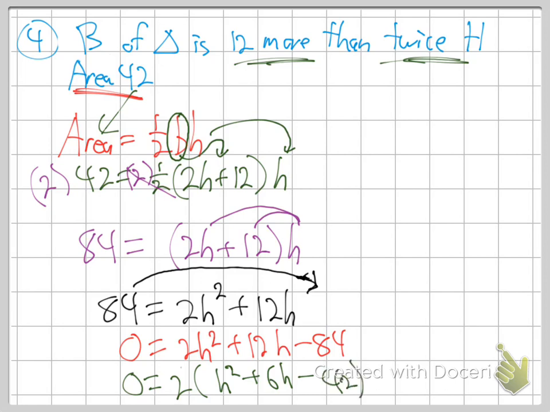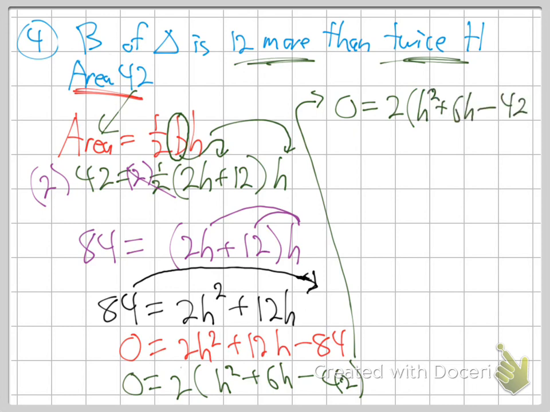Very good. Bring it up here. So do this one again. And then can you factor from there? Just use your calculator.